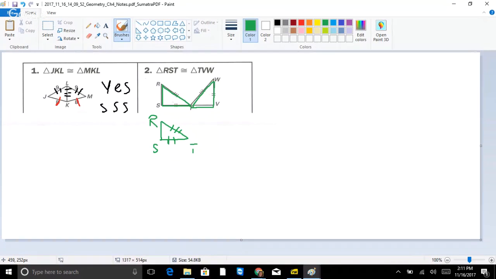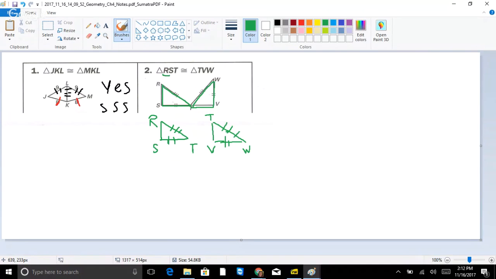So we're trying to see if it's congruent to TVW. So in this case, T corresponds to R, so T needs to go up here. And then T goes to V, which goes to W. So you can see between V and W, those are congruent, and between W and T, those are congruent. So we have our triangles kind of lined up here, right?